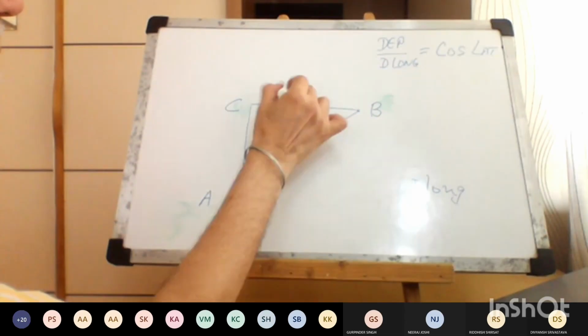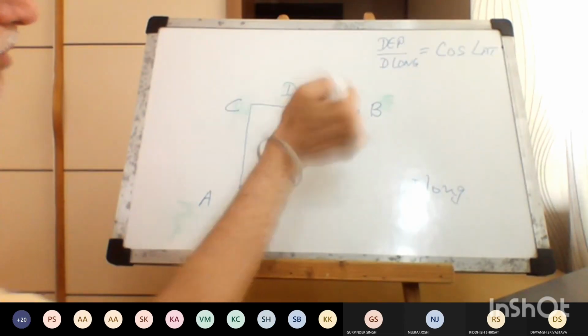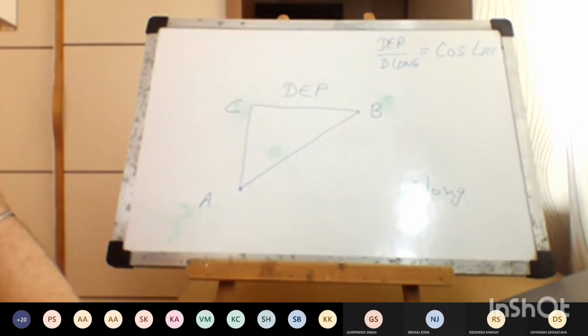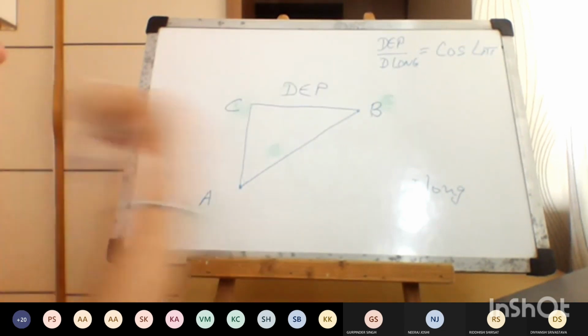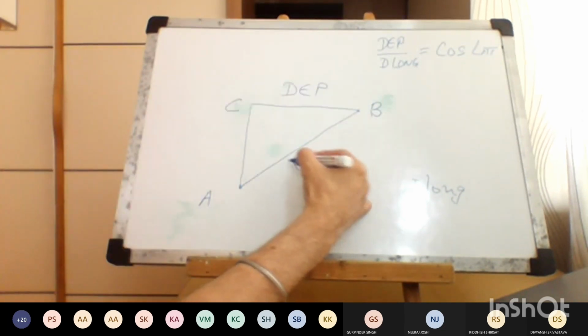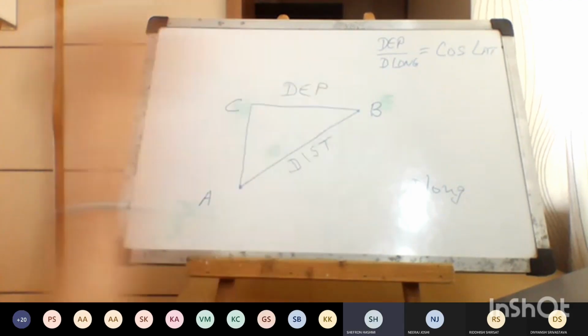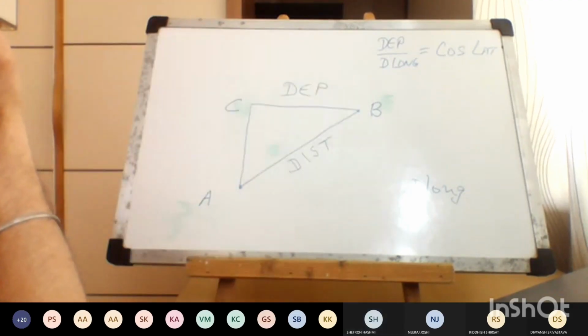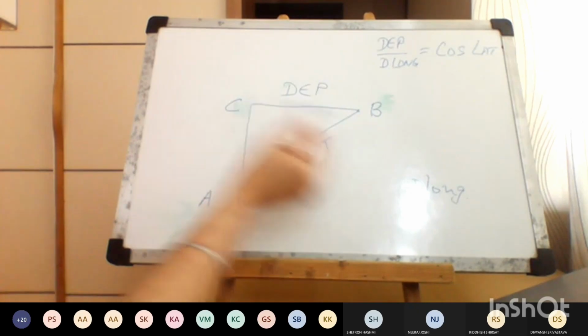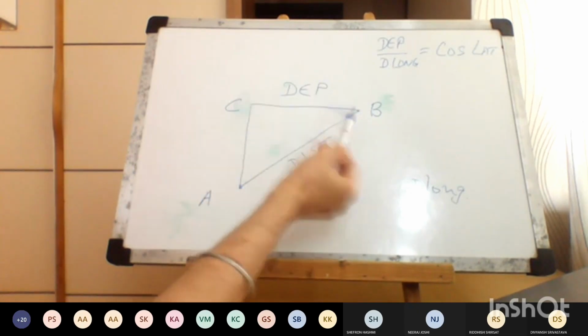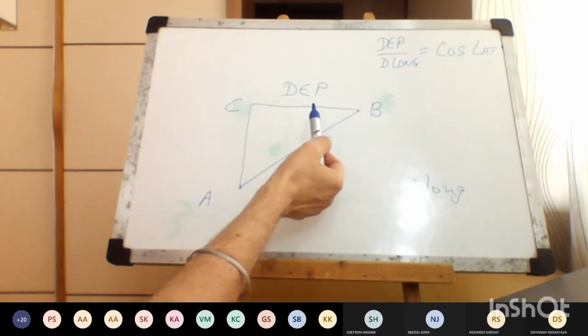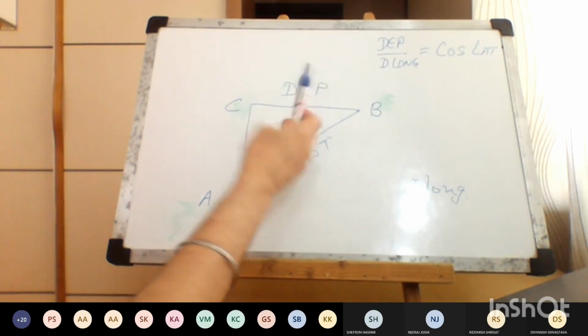Departure. What is the distance that we are traveling? From A to B. So this is the distance that we are traveling, A to B. But the gap between B and C is not the D long as a distance.